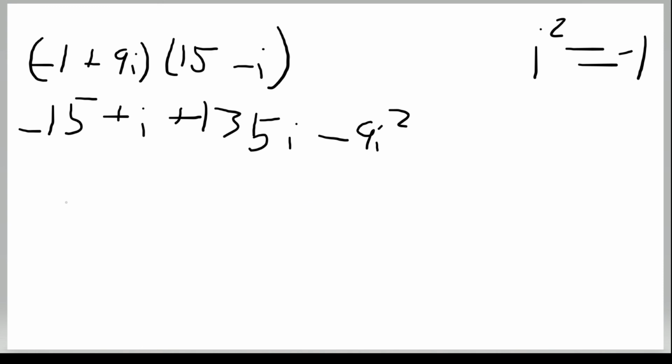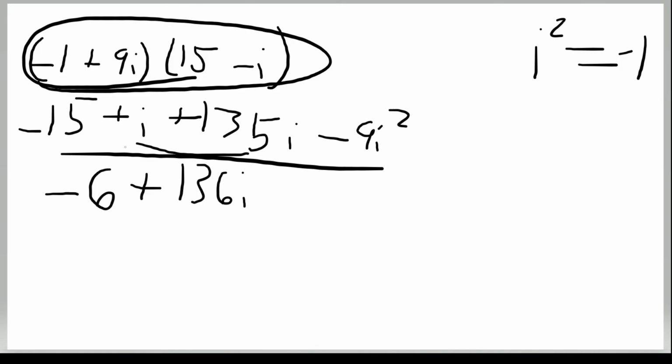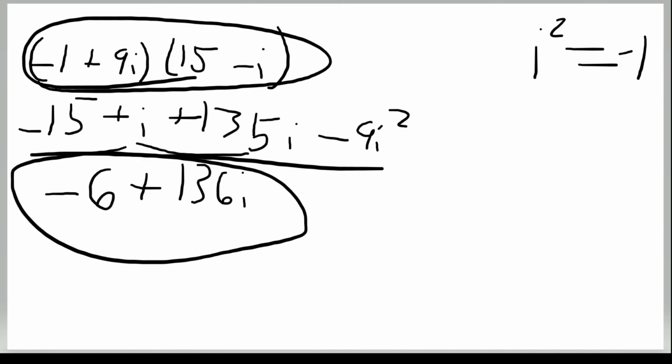So this is going to turn out to negative 6 plus 136i, because 1i plus 135i is 136i. After using the FOIL method, this equation is going to equal negative 6 plus 136i.